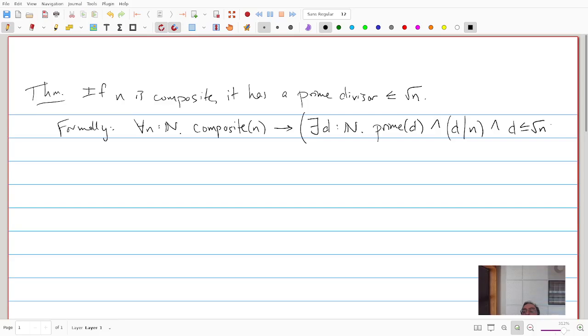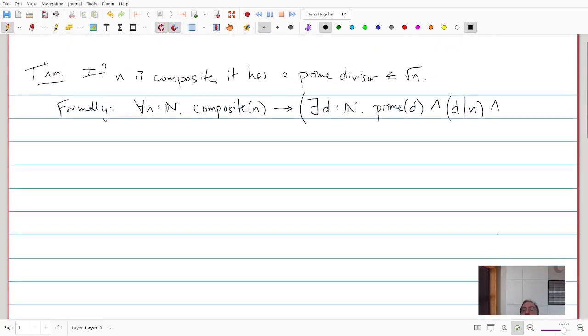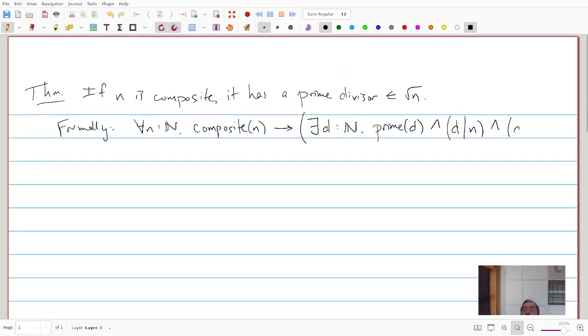Or you could rewrite this more nicely as D squared is less than or equal to n. That's nicer because we don't have to talk about square roots, just operations on natural numbers.